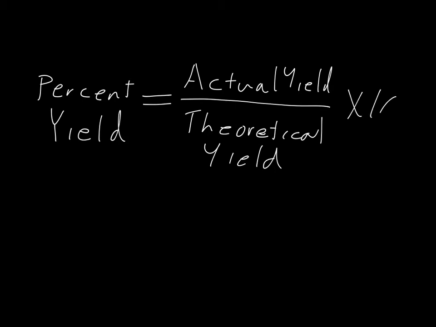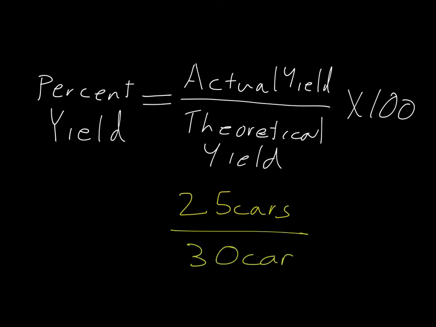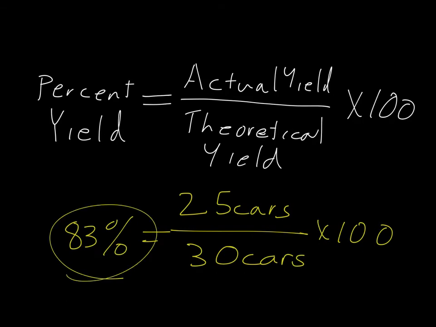And because it's a percent, you're of course going to multiply by 100. So for our car factory, we actually produced 25 cars. In theory, we could have produced 30 cars. So our percent yield would be 83%. So that's what actual yield, theoretical yield, percent yield, and limiting reagent are.